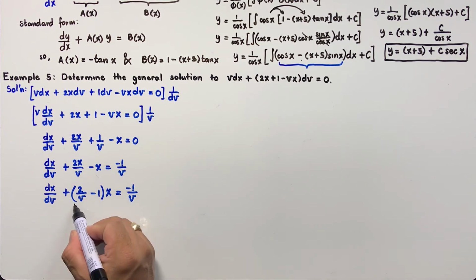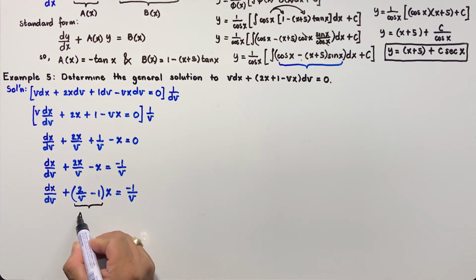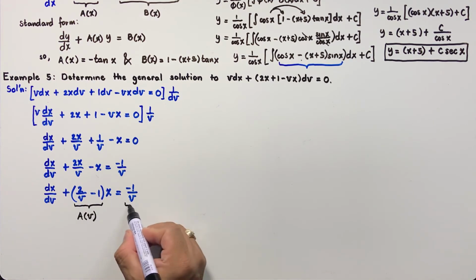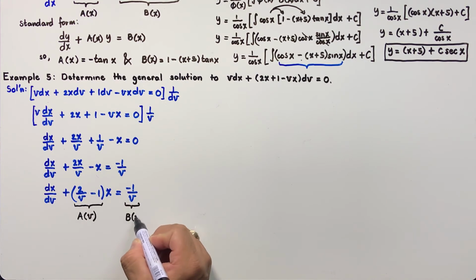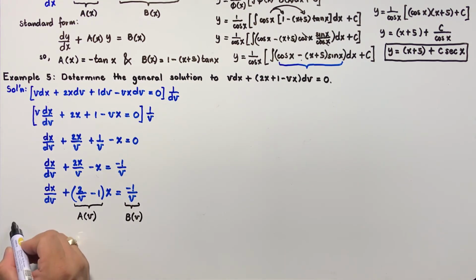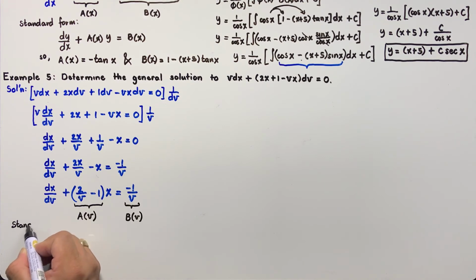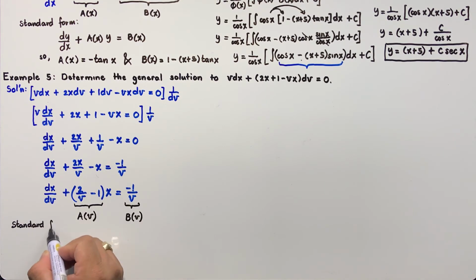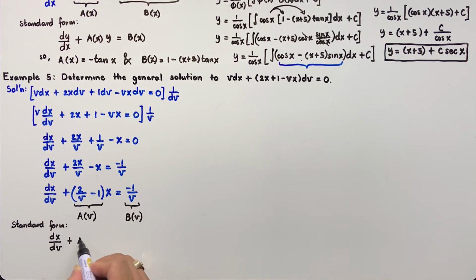So this is our a of v here, and this is our b of v here, because our standard form for this differential equation, we have dx over dv plus a of v times x, because this is linear in x, and this is equal to b of v because our independent variable is v.